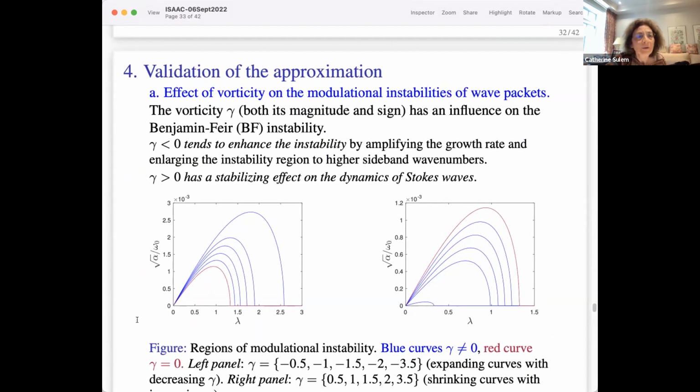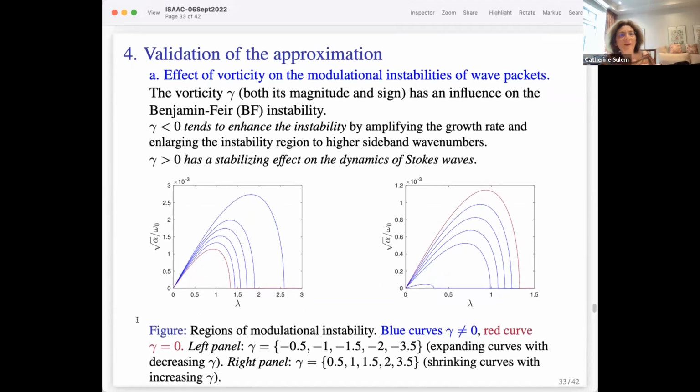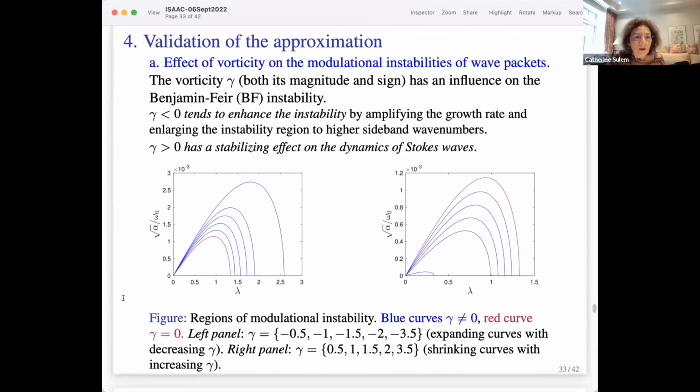So here, the validation of the approximation. First we examine the effect of vorticity on modulation and instabilities of wave packet. The sign and also the amplitude of this vorticity has an influence on the Benjamin-Feir instability. So here we have two pictures. The left is gamma negative. Gamma negative is a counter-propagating shear flow.